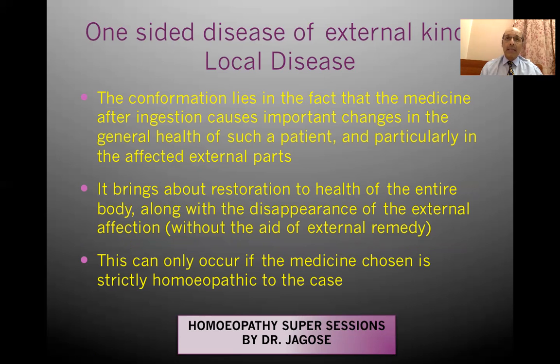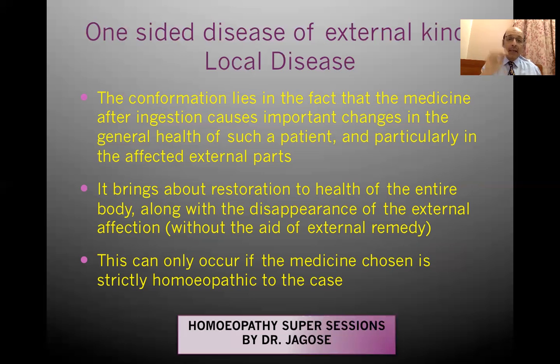So in the local disease, the cause lies internal. As a result, we have to give an appropriate internal homeopathic medicine in order to annihilate the disease. Therefore, when the patient ingests the correct homeopathic medicine, definitely some changes will take place, particularly in the affected external parts.